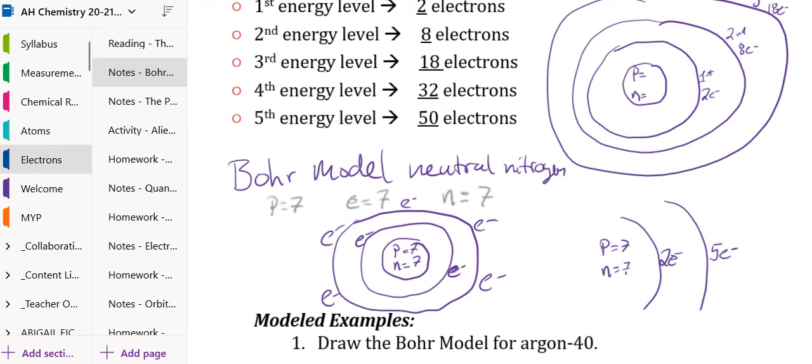If you are a really visual person and that helps you to understand things, I would encourage you to go with the first one, because what we're actually going to use the Bohr models to help us visualize is when we get into bonding, where we have electrons being transferred and shared, we can use the Bohr model to help us visualize that. So either one's fine. If you tend to be a more visual person, you may want to practice the one on the left, because you'll probably end up liking that. Okay? Let's do examples.